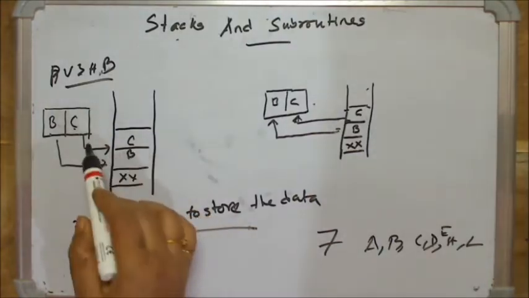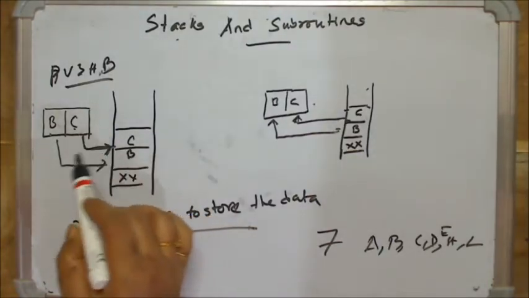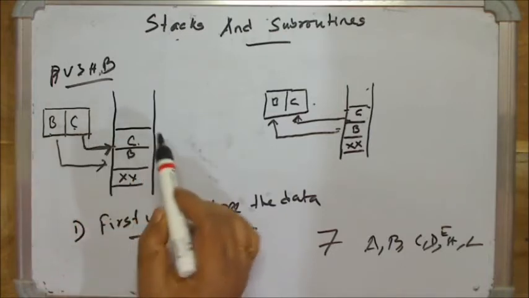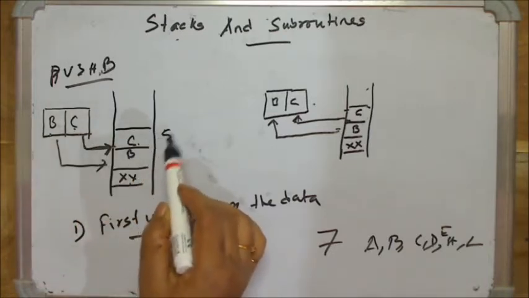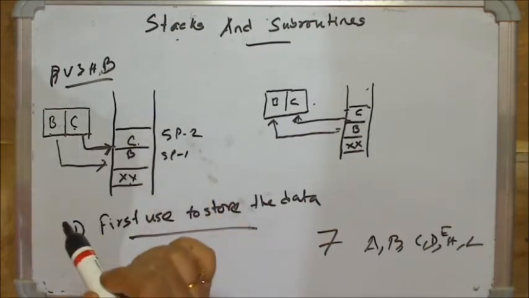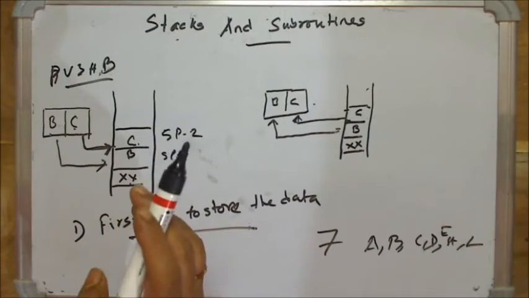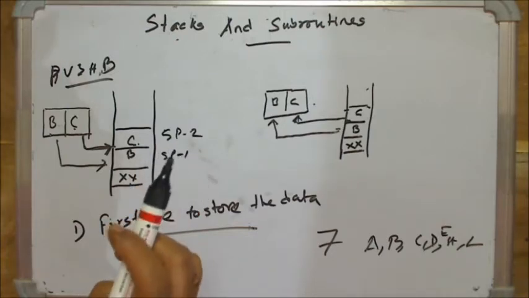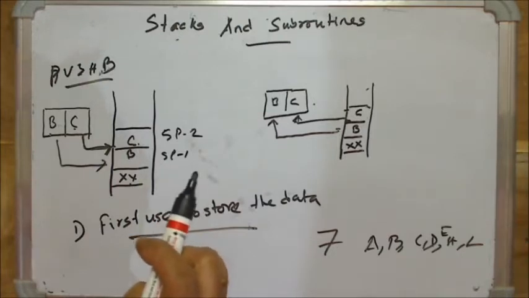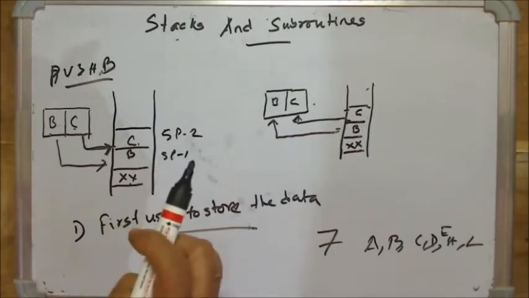See here, this is the top of the stack. The contents of B are moved to SP minus 1 and the contents of C to SP minus 2.